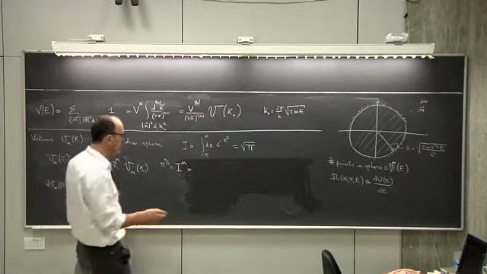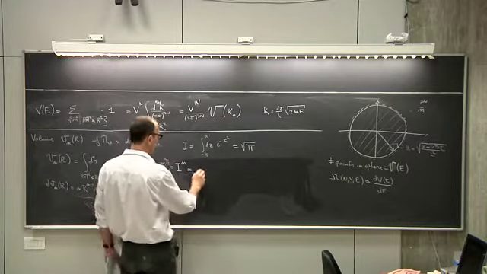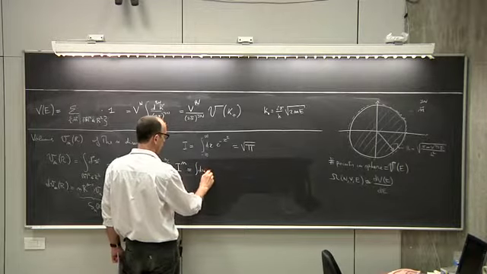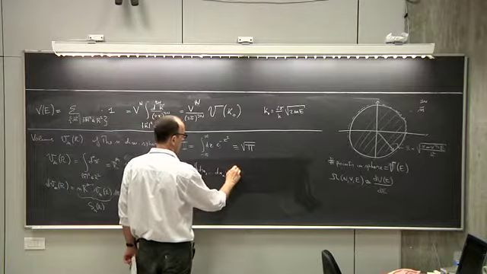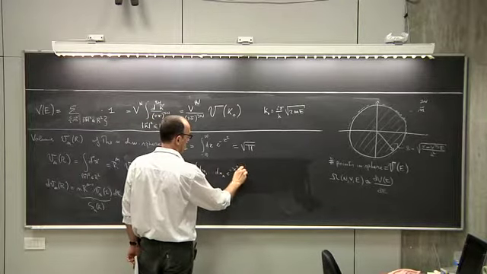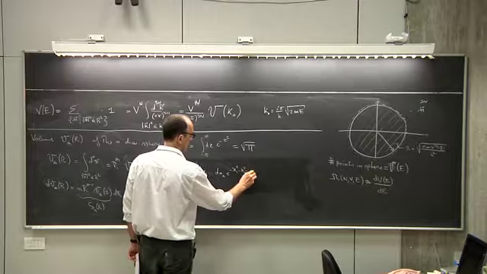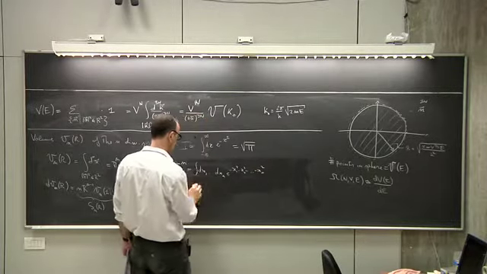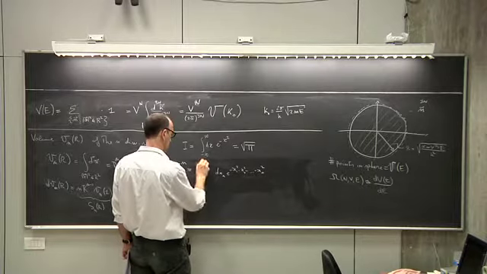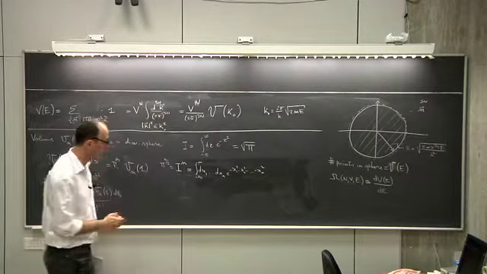Okay? And so it will be the integral dx1 ... dxn of e to the minus x1 squared minus x2 squared ... minus xn squared, all the integrals from minus infinity to infinity.